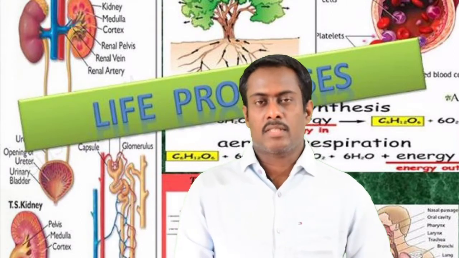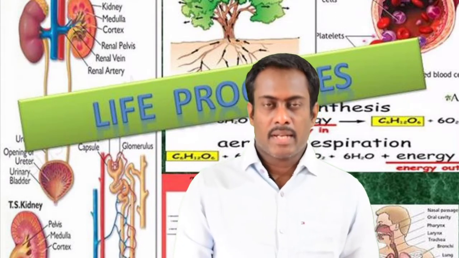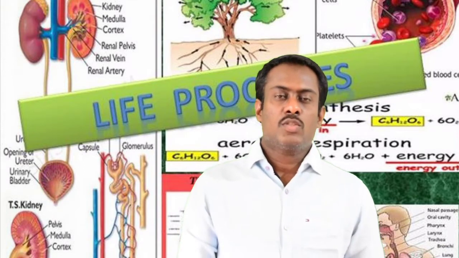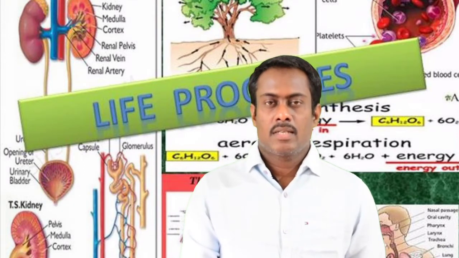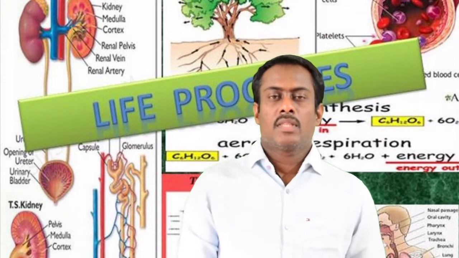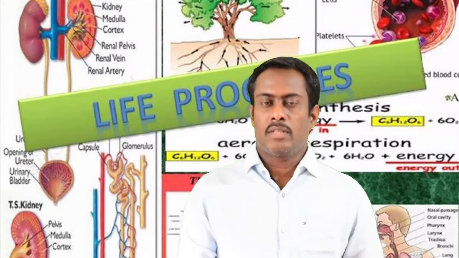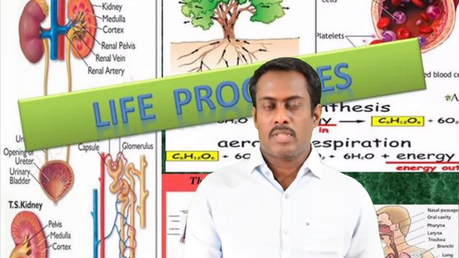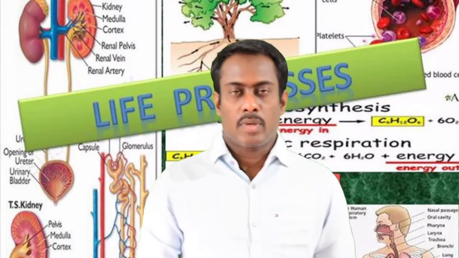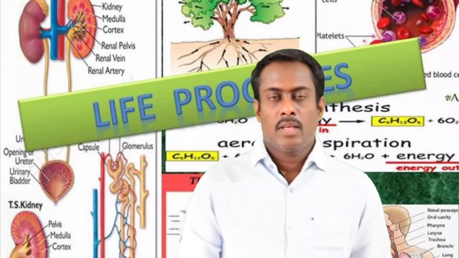During all these processes or chemical reactions, they produce a lot of waste. These wastes contain poisonous and toxic substances. These substances cannot be stored inside the body because they are toxic and poisonous. They need to be removed from the body, or the body needs to get rid of them.